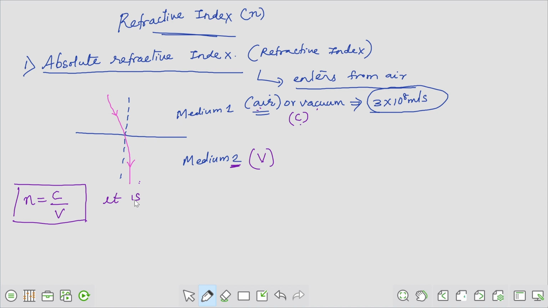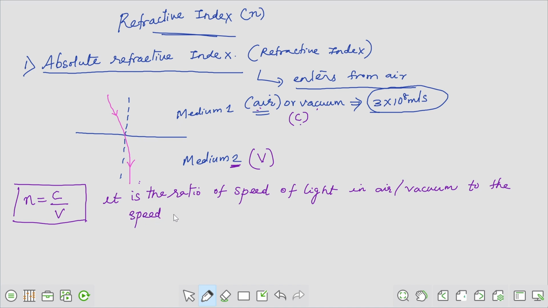It is the ratio of speed of light in air or vacuum to the speed of light in a medium, that is C by V.